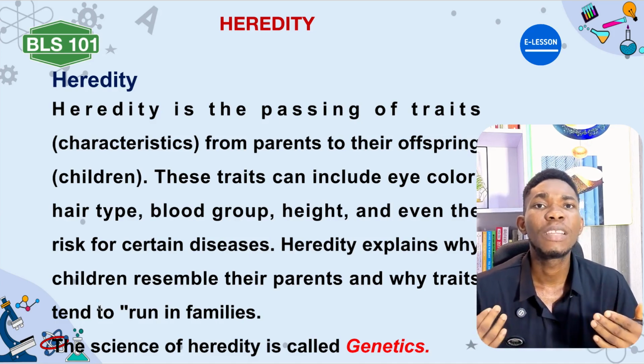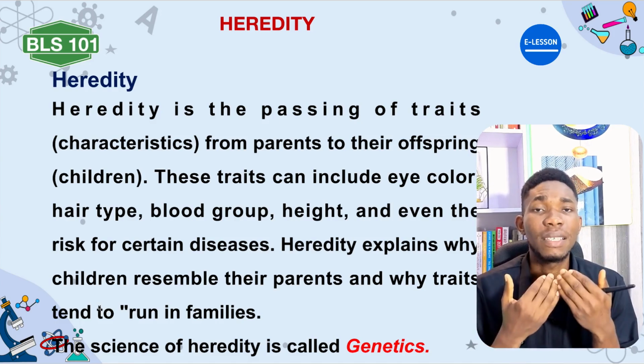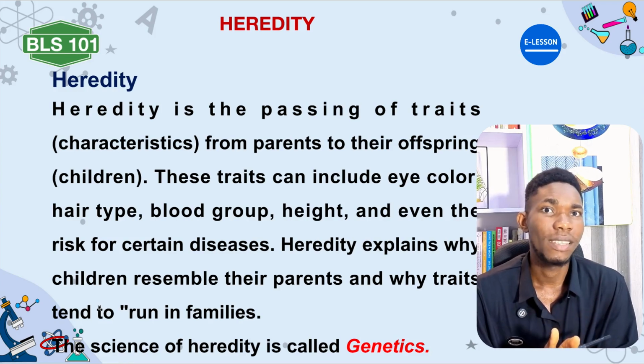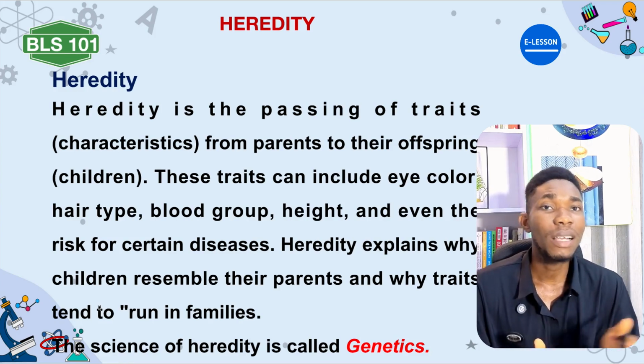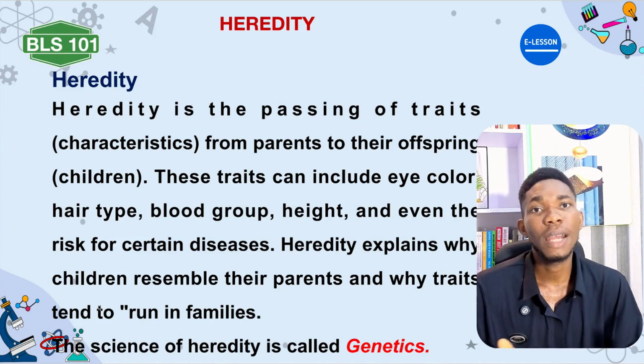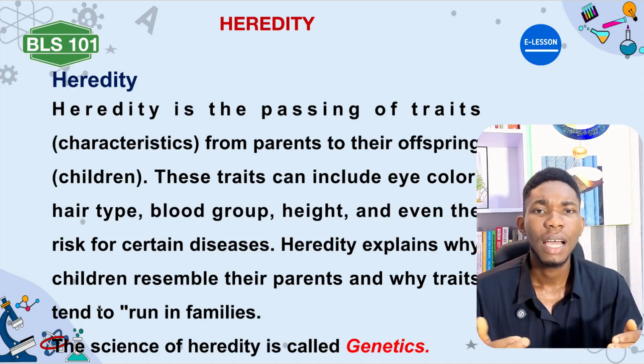Now, these traits may not necessarily be just physical traits, what we can see physically. They could be either physical or behavioral traits. There are some of you that behave exactly like your parents, or exactly like one of your sisters. You talk like them, your behavior, your thought processes, everything. Are you getting it?